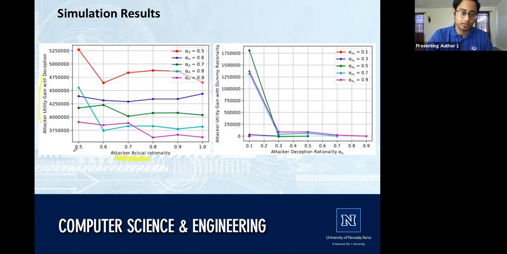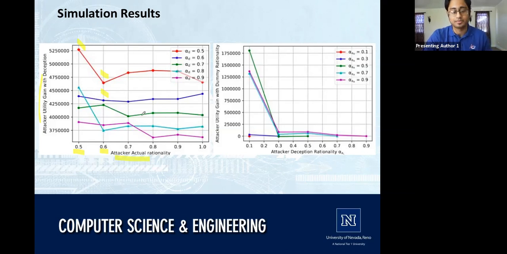Case in point, if you're an attacker with an actual rationality of say 0.5, your utility gain will be the most when you face a defender say of 0.5 as well. If you have an attacker whose rationality is 0.6, the utility gain will be maximum when you're facing a defender who is 0.5 or 0.6. On the other hand, if a defender's rationality is say greater than 0.6, so these 3 lines over here, the attacker's will achieve a positive utility gain.